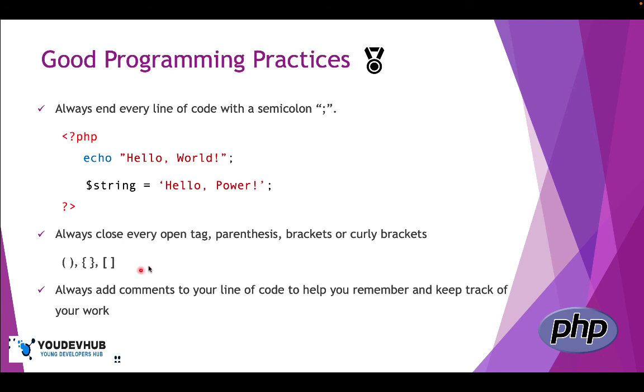Example, we have hello world here ending with a semicolon, the string hello power ending with a semicolon. Also, it's very important to make sure all your open tags are closed to enable your script to run effectively. Another thing you need to do is always add comments to your code to help you remember and keep track of your work.